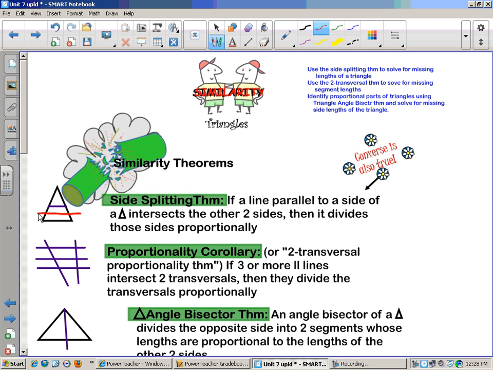For instance, if this side is 5 inches to 1 inch, the other side would have to be in the same proportion. So it could be like 10 to 2, even though it doesn't look like it. Okay, but the pieces that the parallel line creates have to be in proportion.